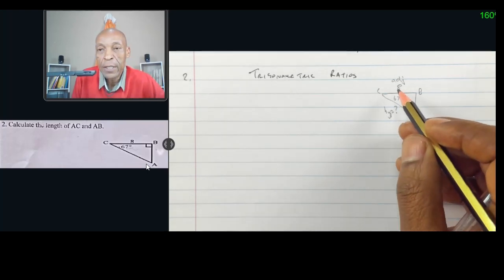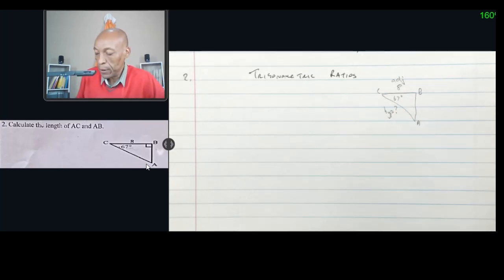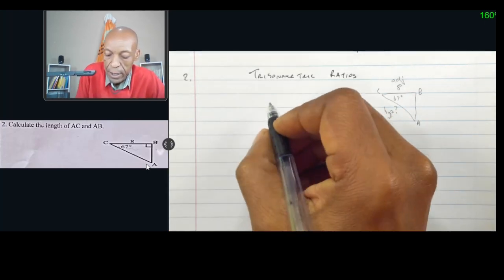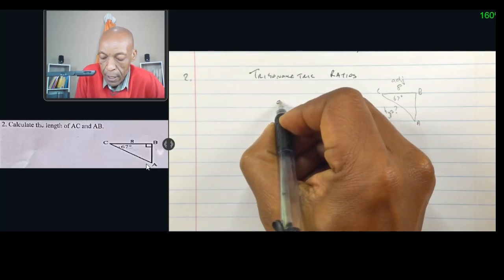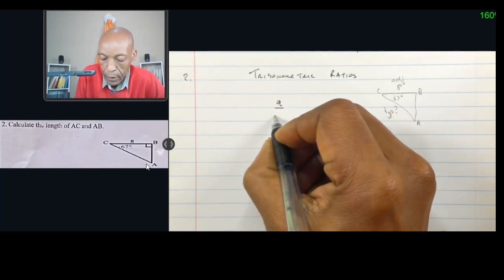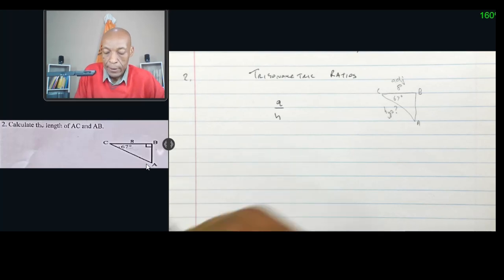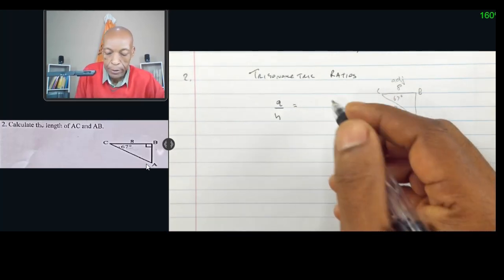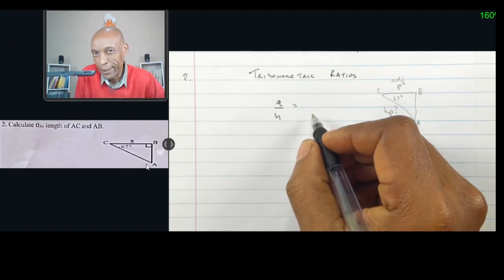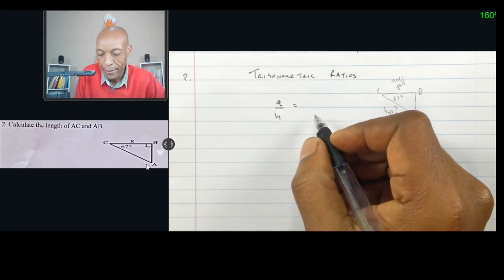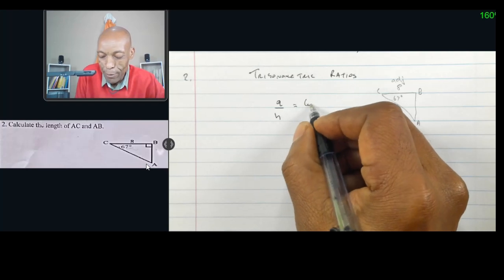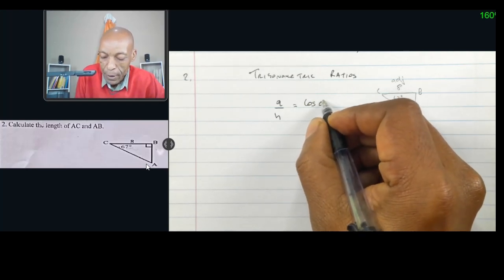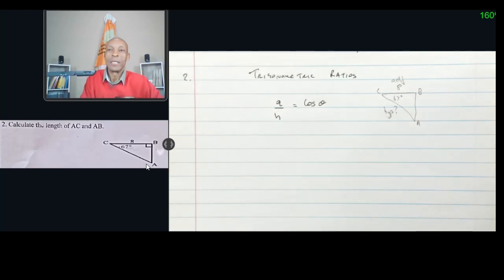I have adjacent and hypotenuse. What relationship is this? If I have A over H, what is it equal to? Is it cos? Is it sine? Is it tan? Oh, it is cos of that angle that I'm given.